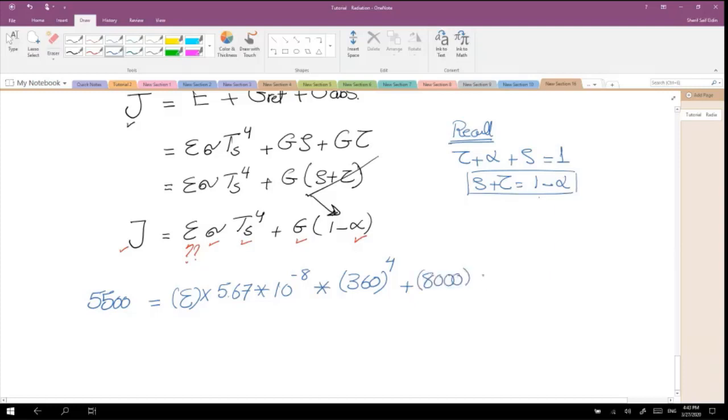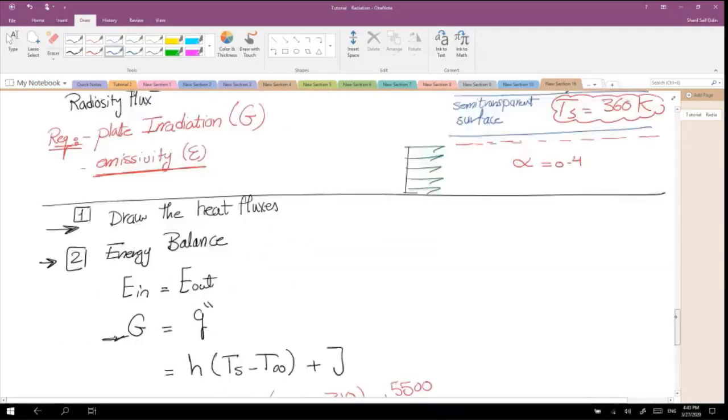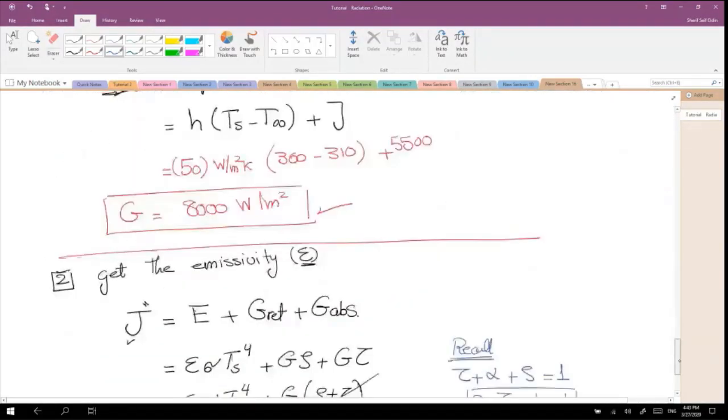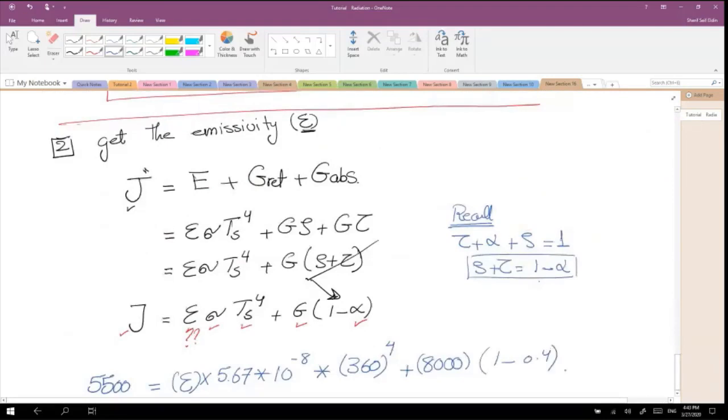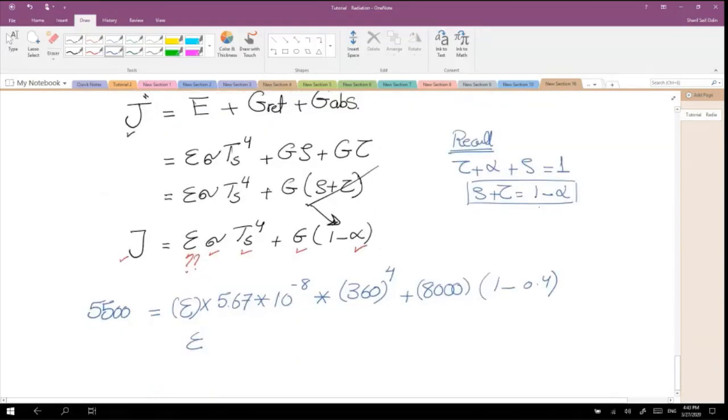Again, we got G from the first requirement, times 1 minus alpha. Alpha was given to you in the problem as 0.4. And if you solve this equation, you're going to get epsilon as 0.74, and that's the first problem.